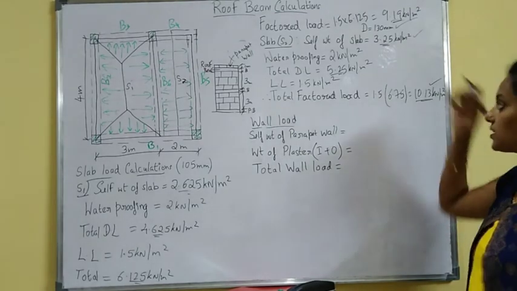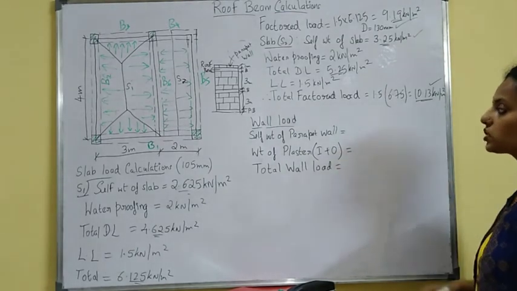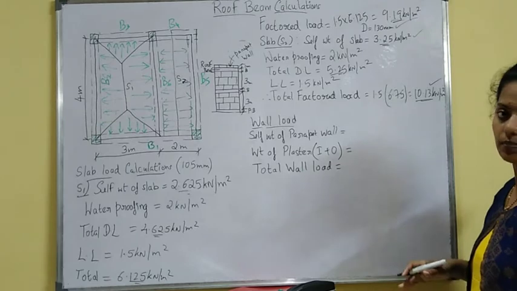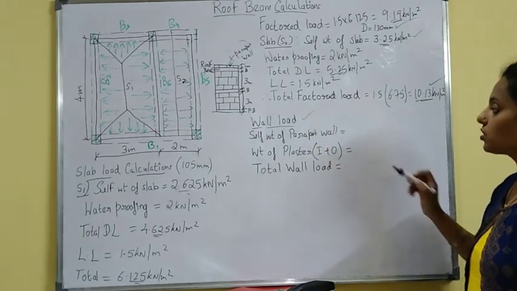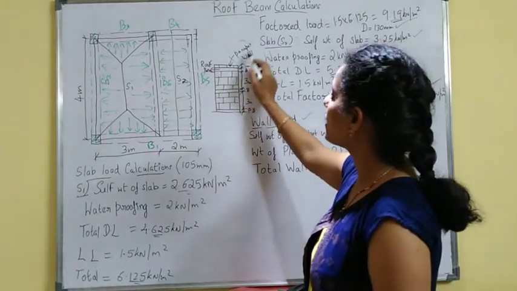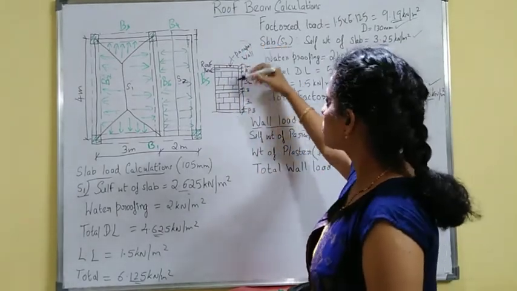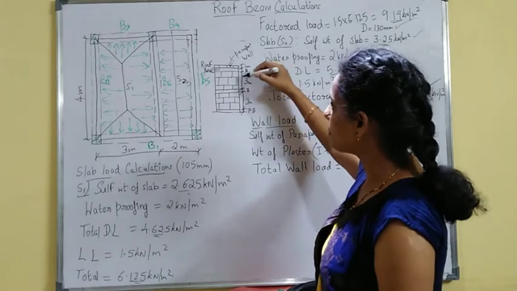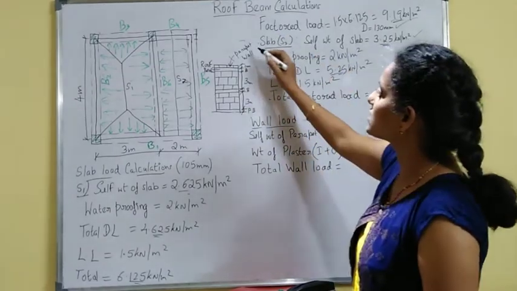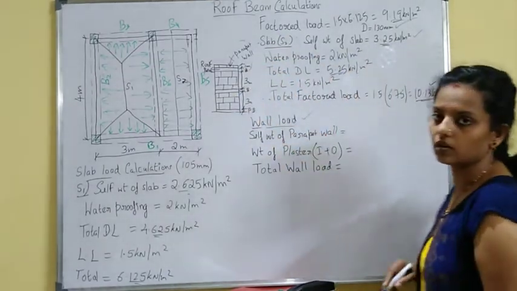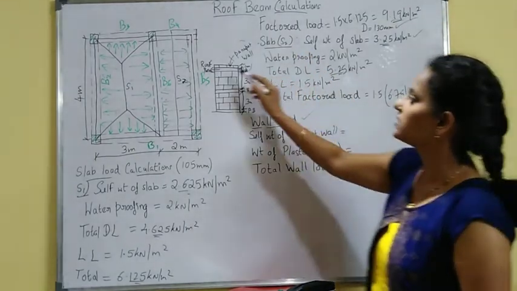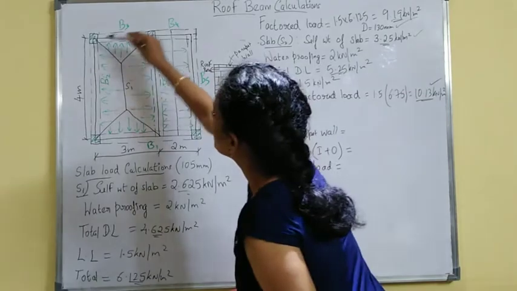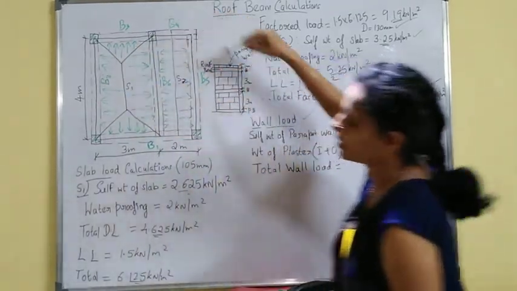Okay. Once this is done, next we will calculate the weight on the beam, so we have to consider the wall load also. Here we will have only a parapet wall, not a wall for the complete height. Here we will consider the height of the wall as 1 meter. Okay. So you just have to do the calculation for the parapet wall, and this parapet wall is only at the boundary of this building.